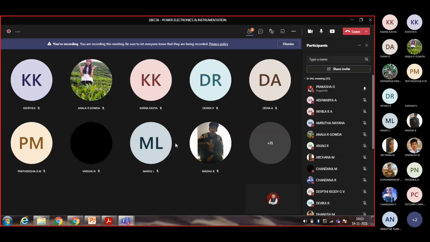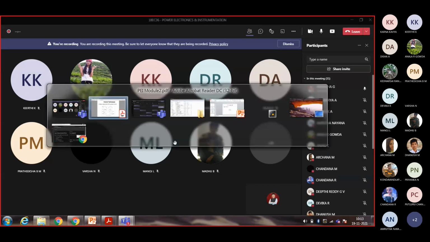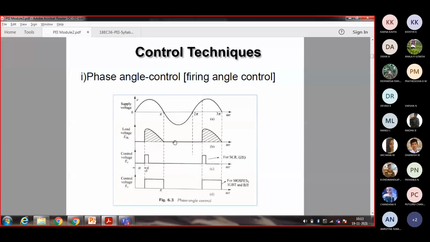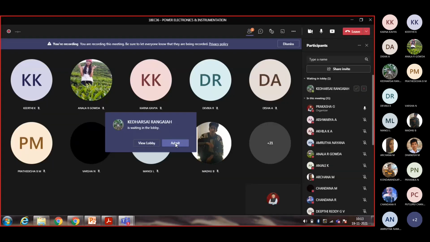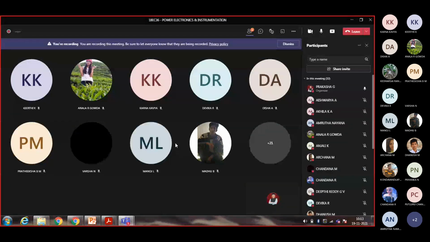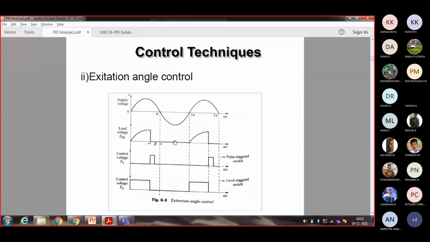Okay, this is the first control technique, where we can control the pulse. The second technique is the excitation angle control. It is after 90 degrees. Previously it was before 90 degrees.